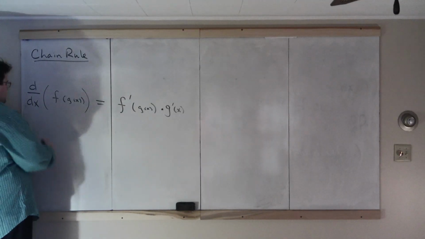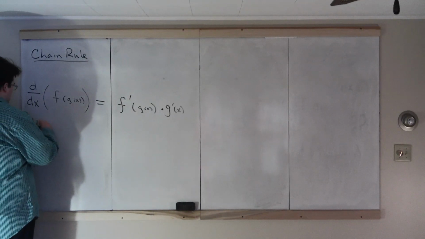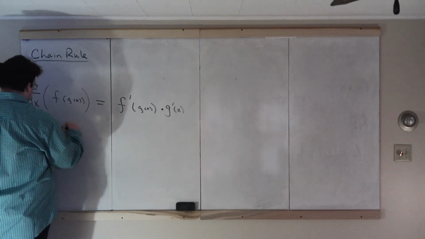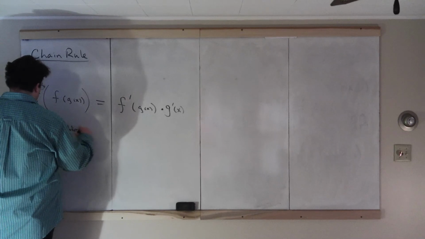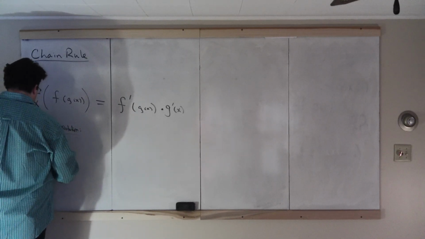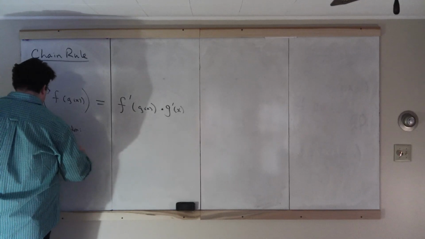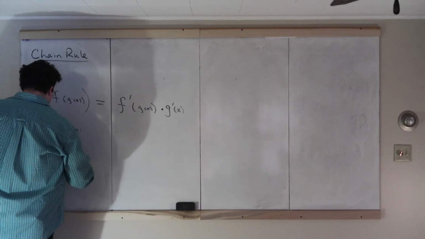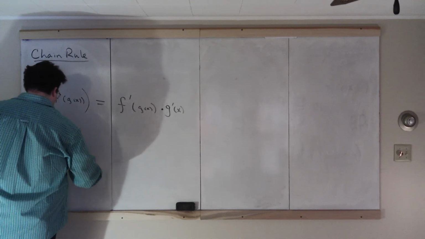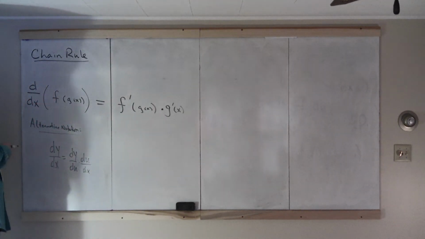A more common notation that we'll use, I'll just call it alternative notation, for the chain rule is that dy/dx equals dy/du times du/dx. So that's times in the middle there.